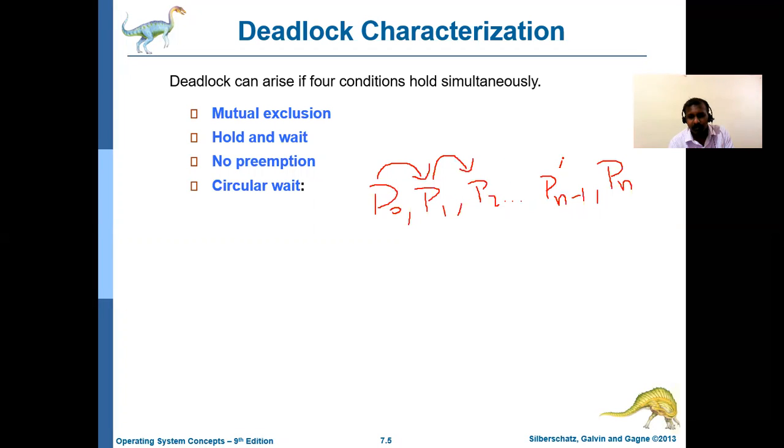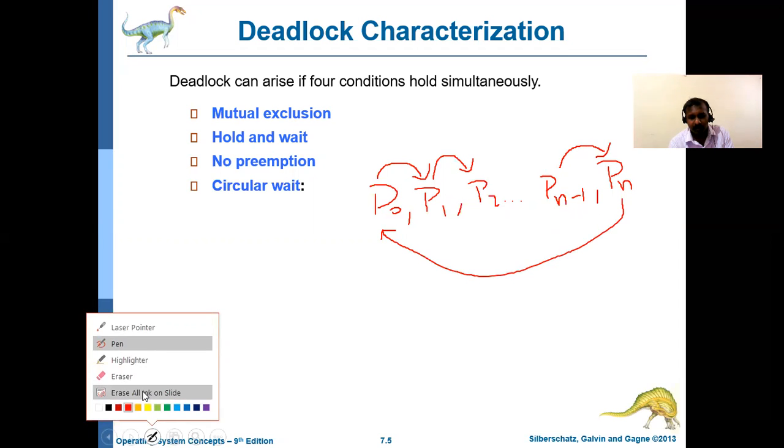And the process Pn minus 1 is waiting for a resource that is held by Pn, and the process Pn is waiting for a resource that is held by P0. So this condition is called circular wait. So if all these four conditions exist simultaneously, then the system is said to be in a deadlock state.